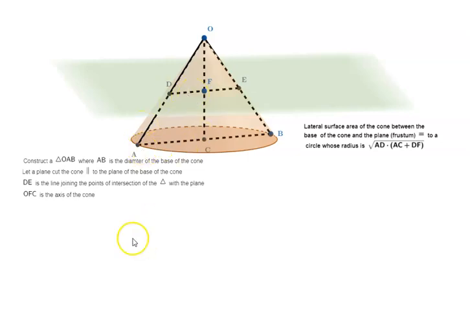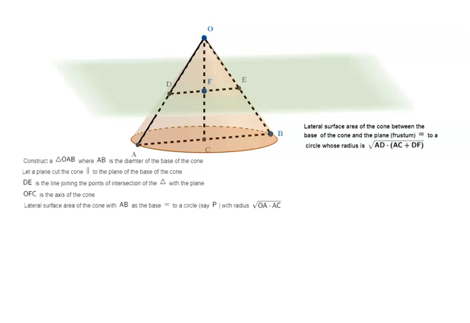So let's see how we can arrive at that. The lateral surface area of the cone with AB as the base, that is the entire cone, is equal to a circle, say P, with the radius square root of OA times AC. And this we have already seen in a previous proposition. We have proved this.